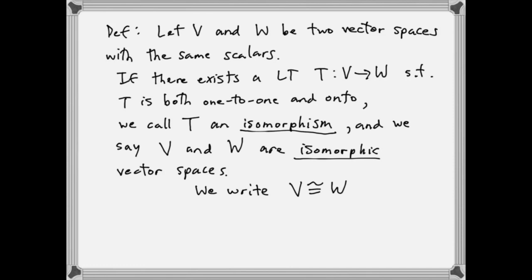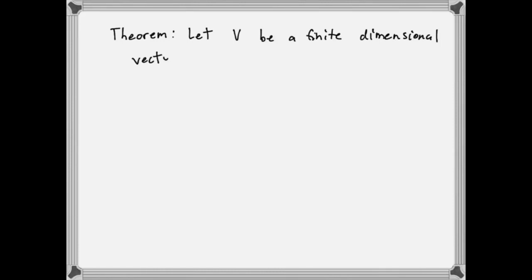Now, the next theorem is one of the most interesting consequences of all of linear algebra, really. So let V be a finite dimensional vector space such that the dimension of V is n.